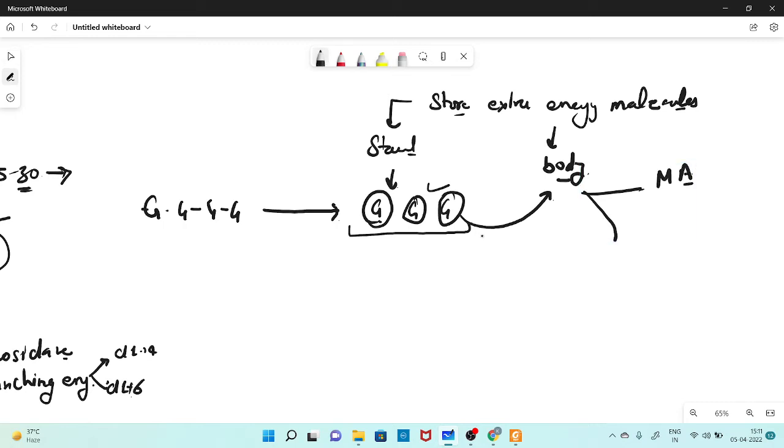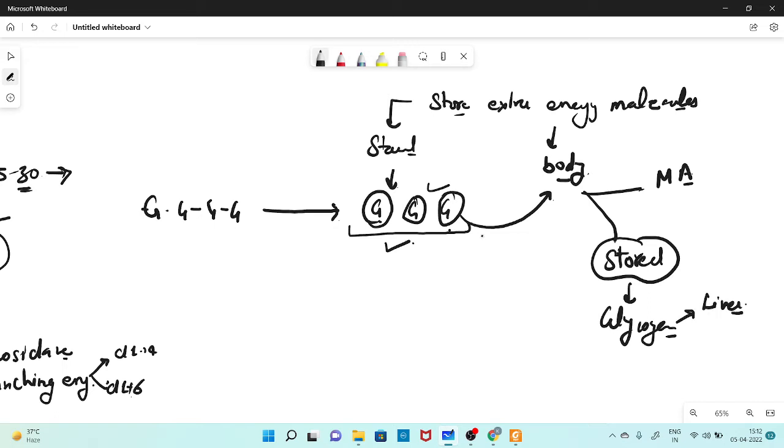The excess glucose is absorbed and stored in the body for emergency purposes. This stored form is called glycogen, and it is stored in your liver and muscle cells. Many times a question is asked that glucose is stored in liver and in muscle cells.